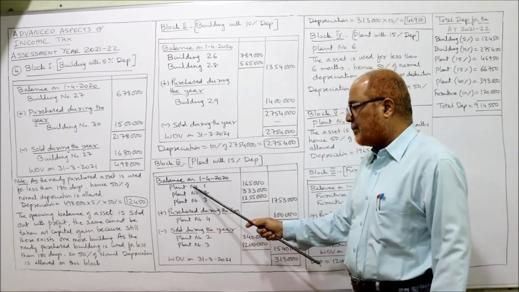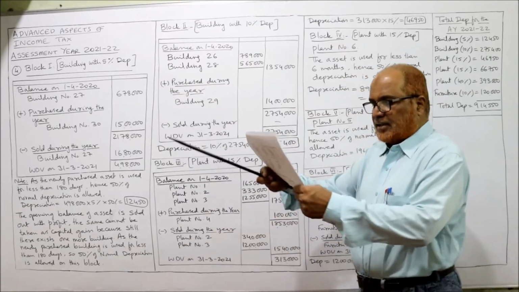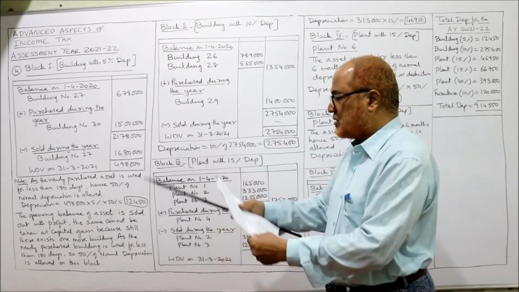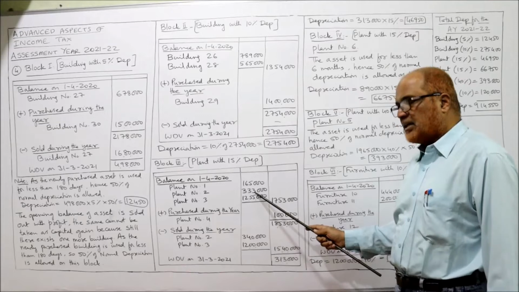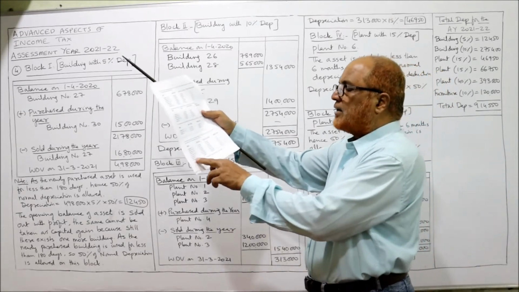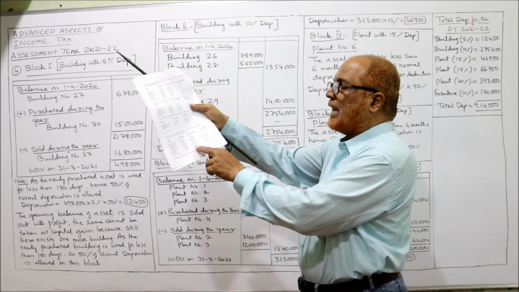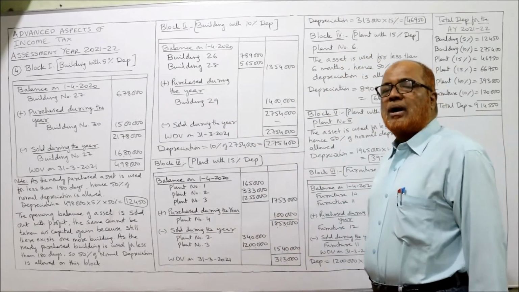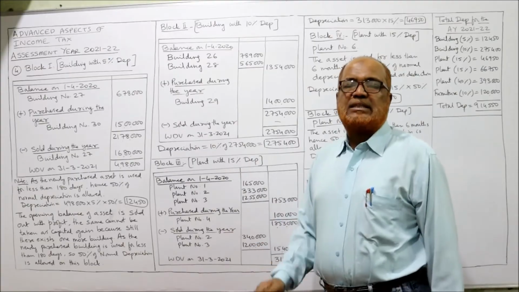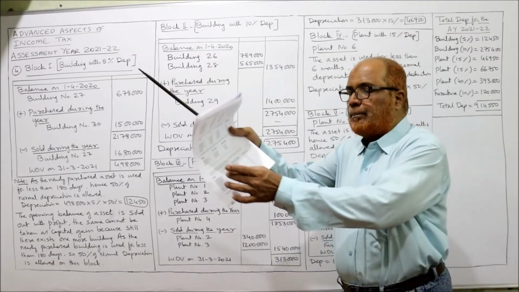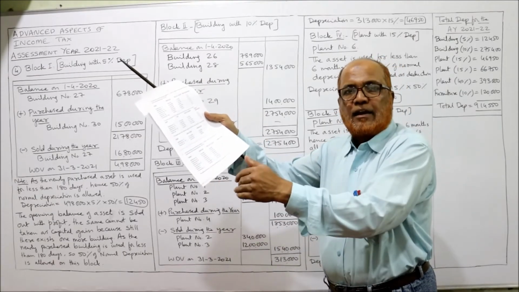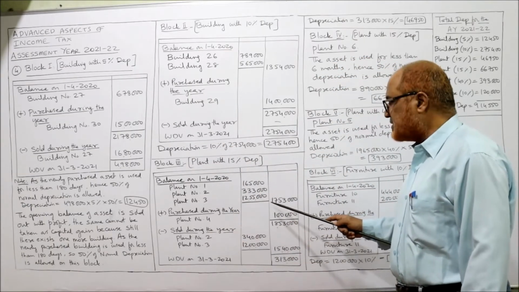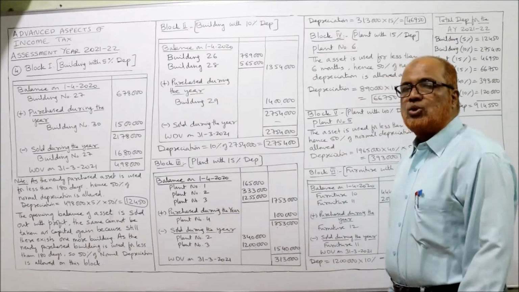Plant number 2, 3,33,000. Plant number 3, 12,55,000. So all the 3 plants are there at the beginning of the year with 15% depreciation. Total 17,53,000.